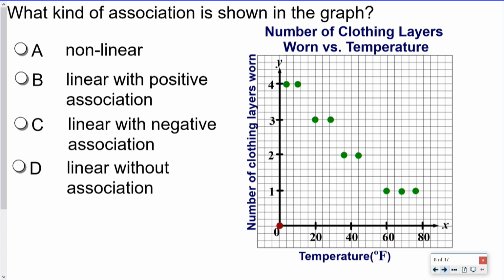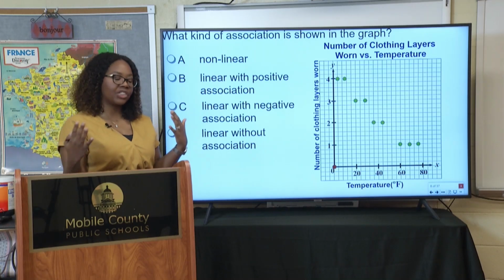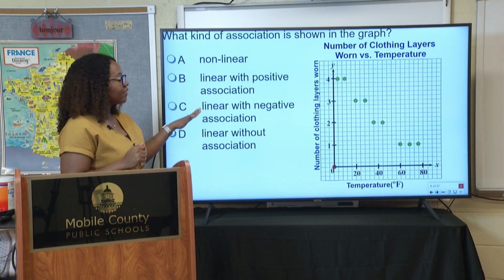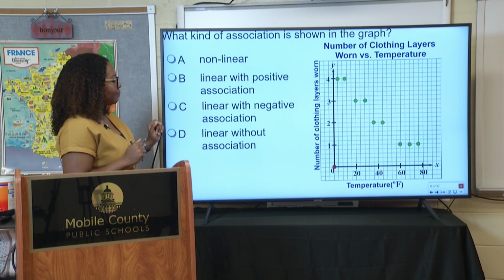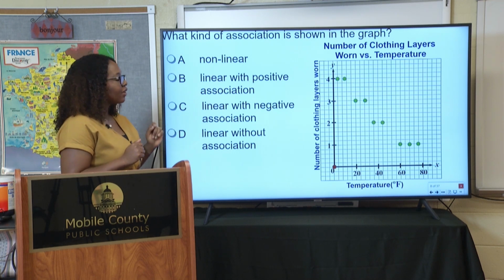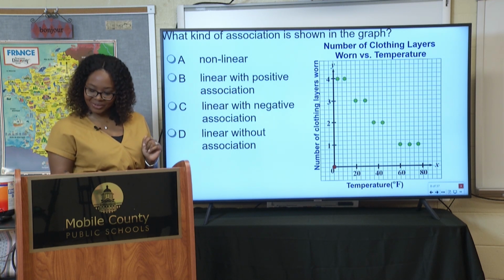So it's either positive association, negative association, or no association. Since my line is decreasing, or the relationship between the two variables is a decreasing relationship, this is a negative association. So for this example, our answer is C. The scatter plot is linear with negative association.